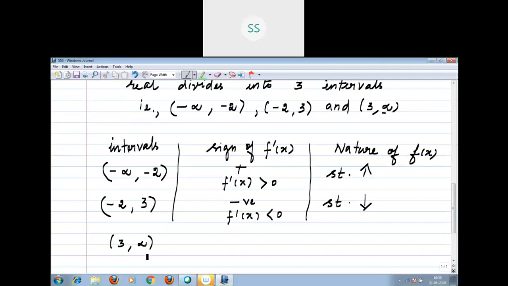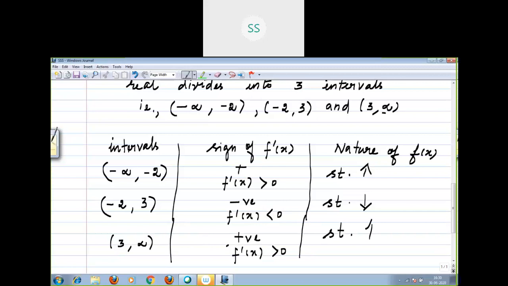Suppose you take 4, whatever you want, you will arrive at a positive value, that is f dash of x greater than 0. Once the derivative is greater than 0, your conclusion is strictly increasing.